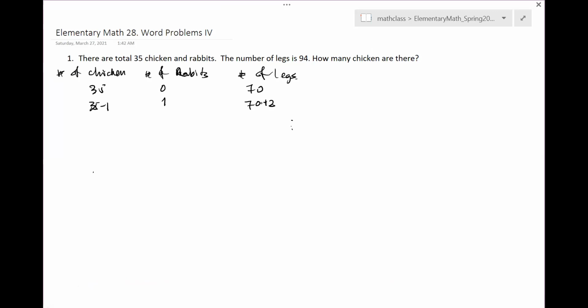So the difference you have to increase is 94 minus 70, which is 24. You have to get 24 more legs, but every time you decrease the number of chickens by 1, you get two legs, right?